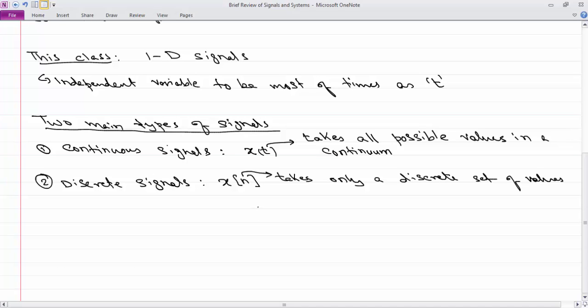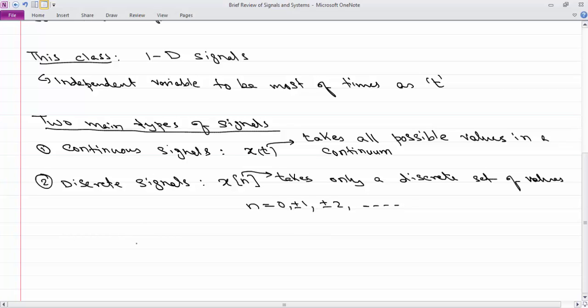Now, more commonly, since it's a discrete set of values, we can just replace that with the set of all possible integers. So we say that n basically is 0, plus minus 1, plus minus 2, and so forth. Okay? So the signal is only defined on n equal to 0, plus minus 1, plus minus 2, and so forth.